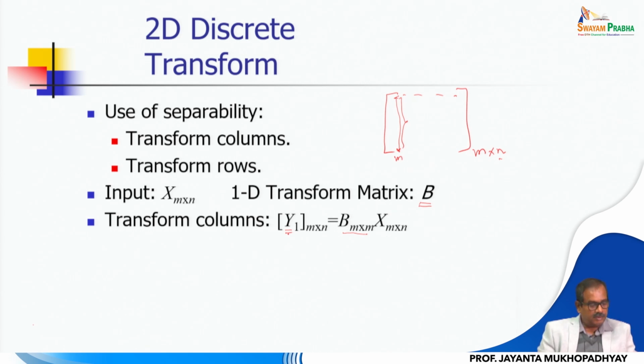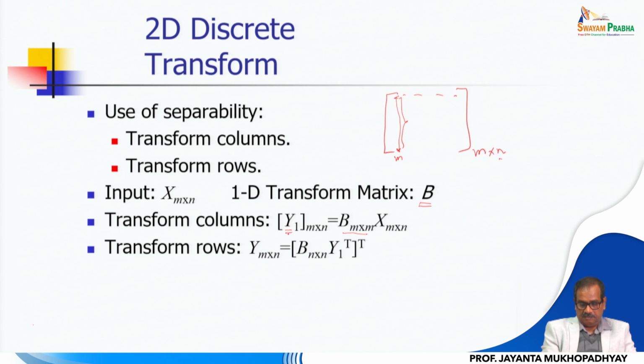Now its rows are to be transformed, so you apply n point transformation, and overall you apply the transpose operation. That is what I discussed just a few seconds before.